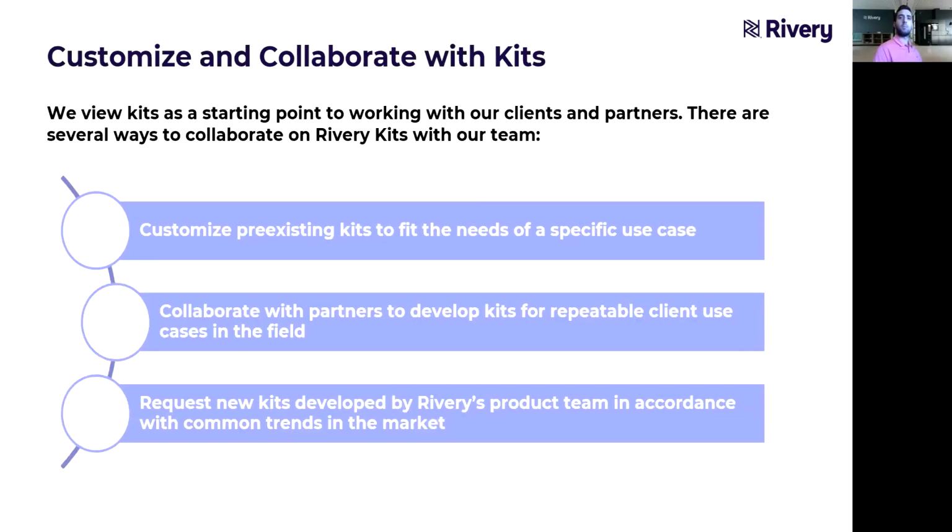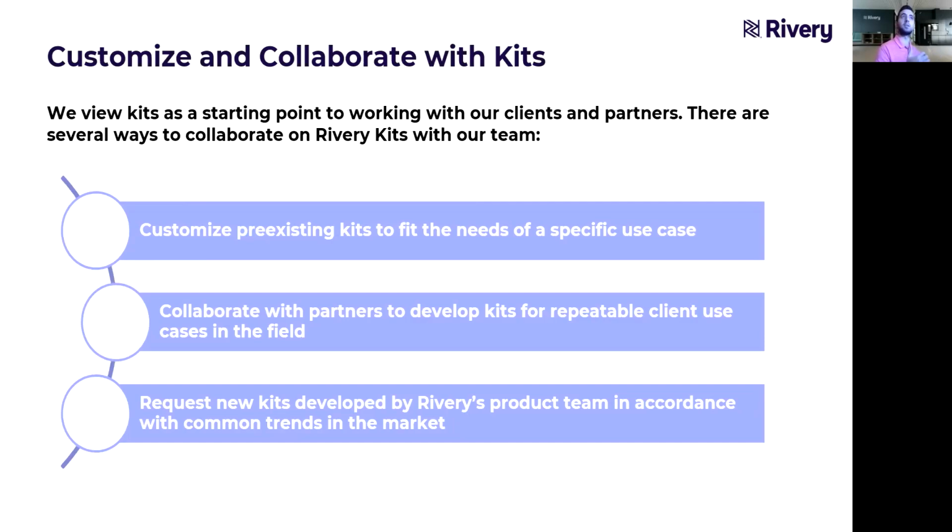Cool. So in terms of how we customize and collaborate with kits, we see kits as a starting point to a lot of these key use cases, right? There are a few different areas where we could customize what we've already built. We have pre-existing kits, and we can customize them to a particular use case, right? A good example relates back to that ad serving kit between Facebook, Twitter, and Snapchat.